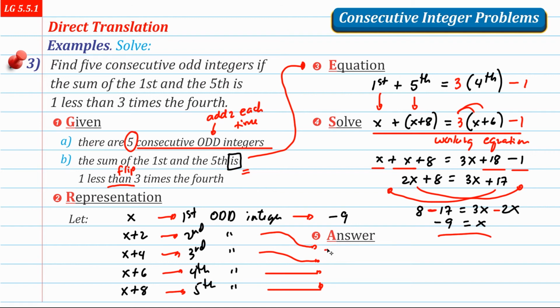So negative 9 plus 2 is negative 7, negative 9 plus 4 is negative 5, negative 9 plus 6 is negative 3, negative 9 plus 8 is negative 1. These are the 5 numbers. It's a common mistake. Please do not commit that.